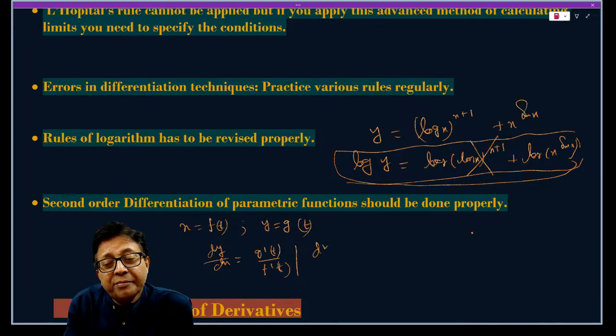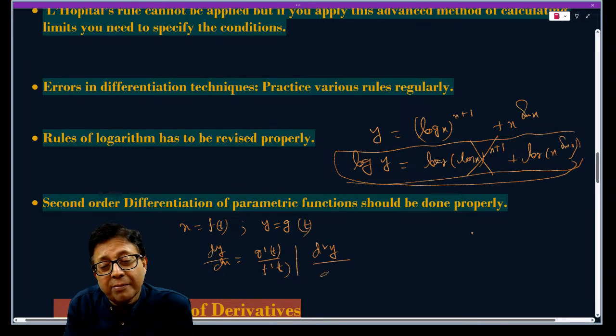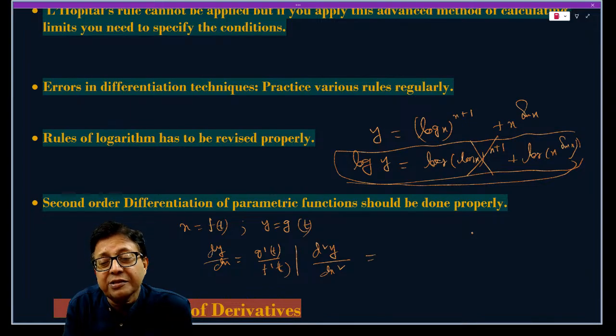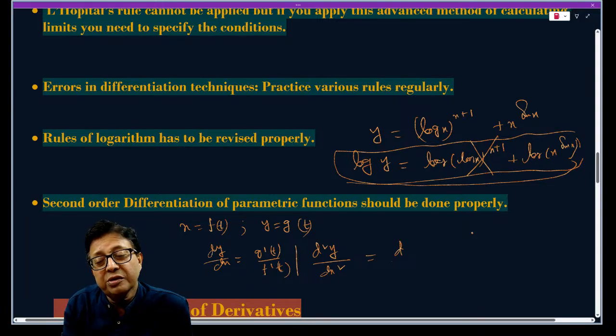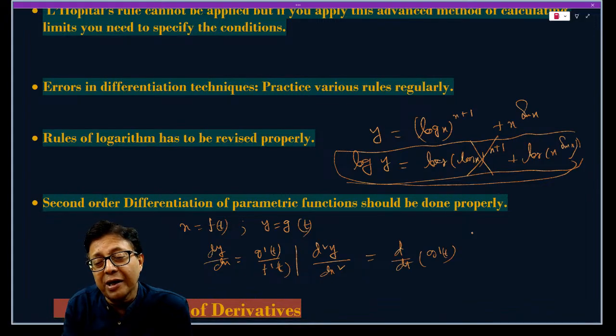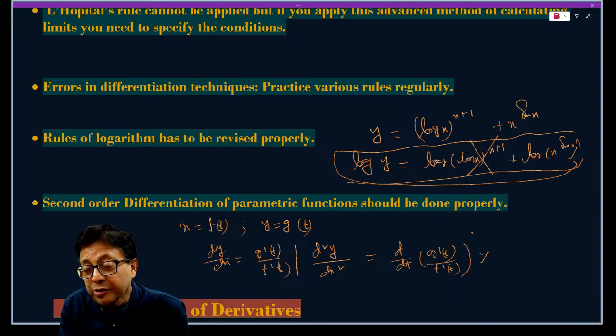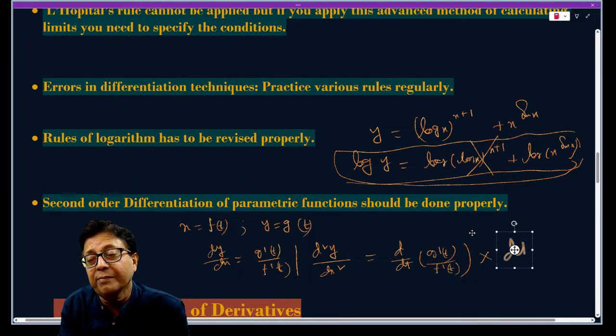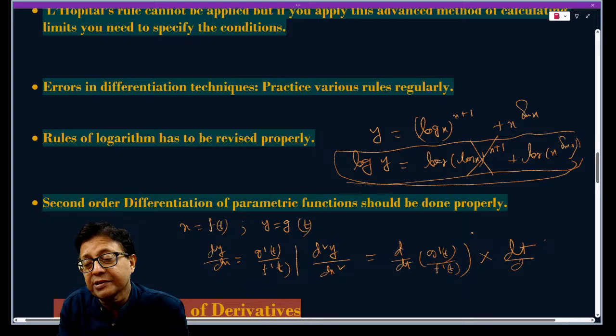And next time, many students have made a mistake till the pre-board examinations. They will do just the derivative of this thing, g dash t by f dash t. Do it, no problem. But the chain rule should be there. Should multiply by dt by dx. Don't forget this.